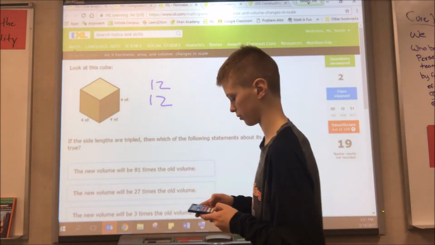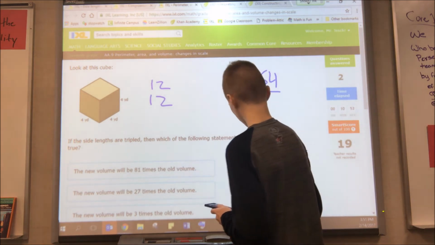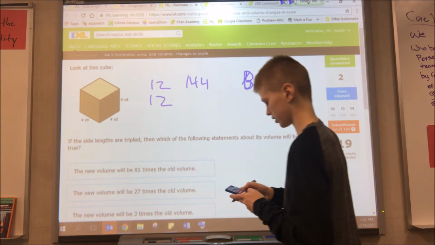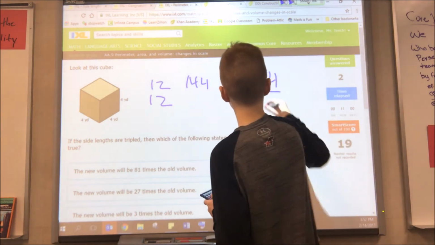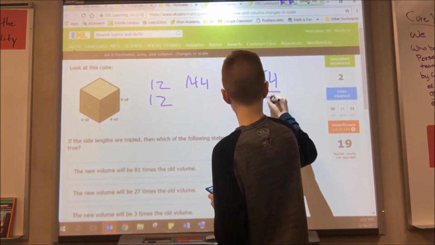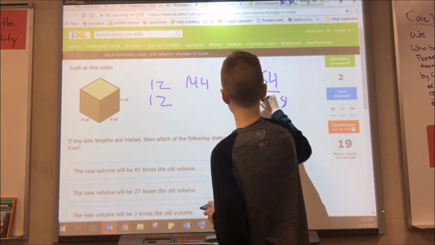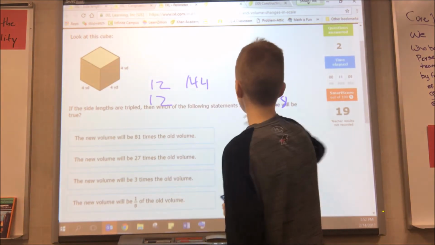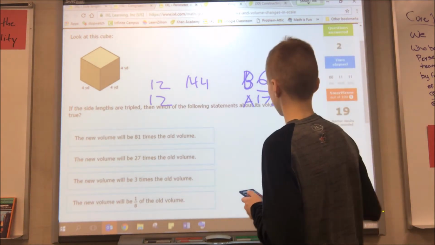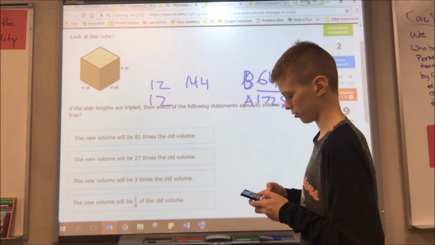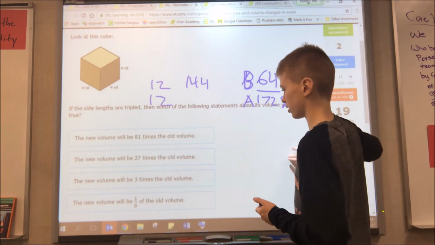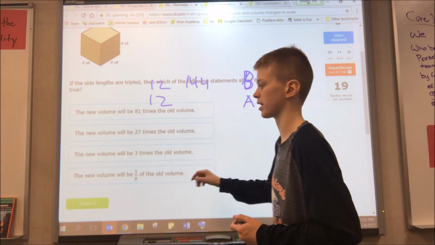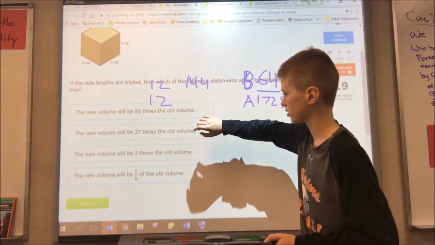When we times 12 by 12, you get 144, times 12, you get 1,728 after. Now it's how much of these is that number? My trusty calculator says that it's not 81, it's not 3, and it's not 1/8 because it can't go lower than what it was, so it's 27.